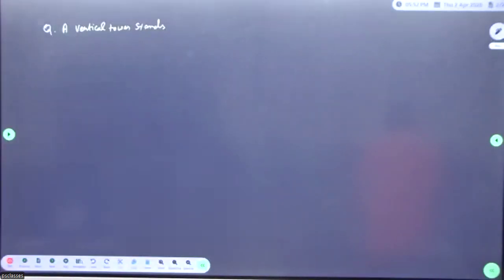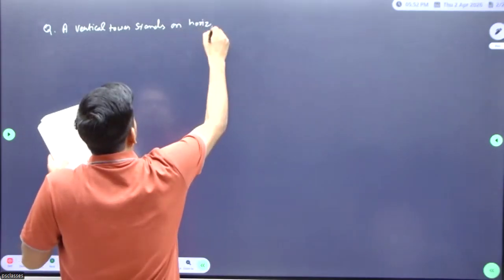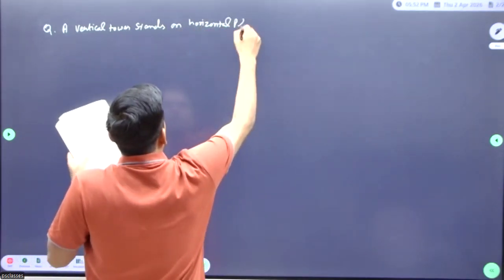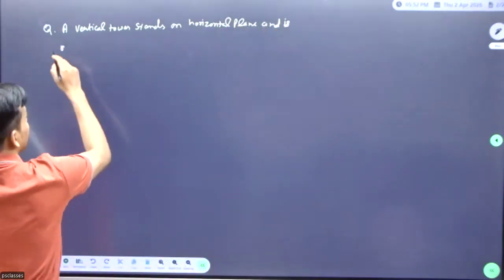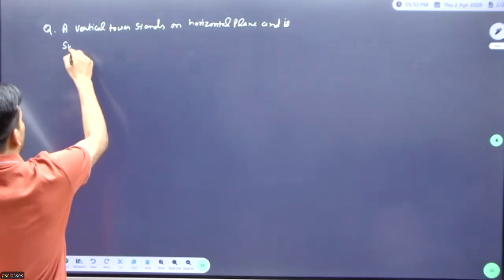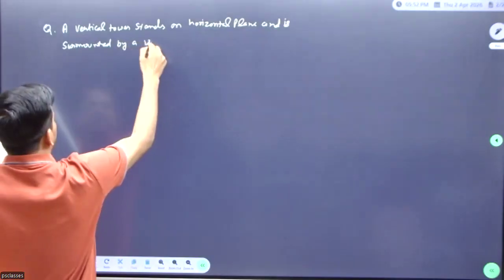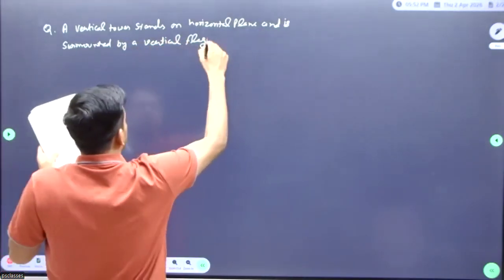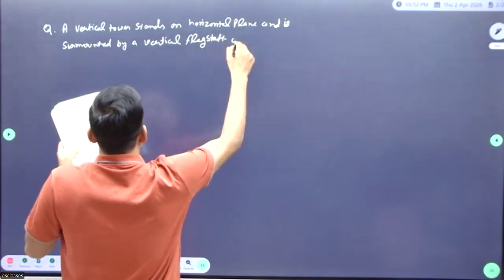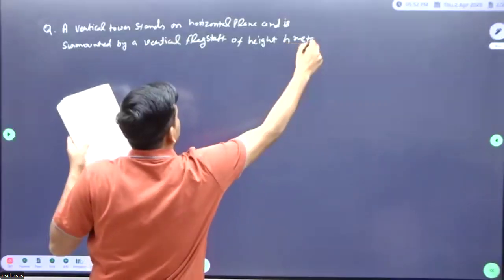A vertical tower stands on horizontal plane and is surmounted by a vertical flagstaff of height h meter.